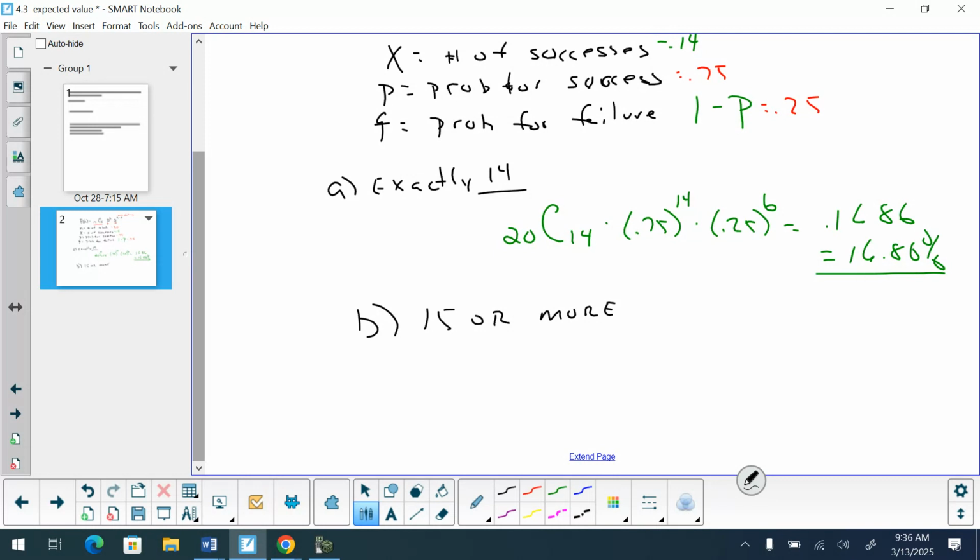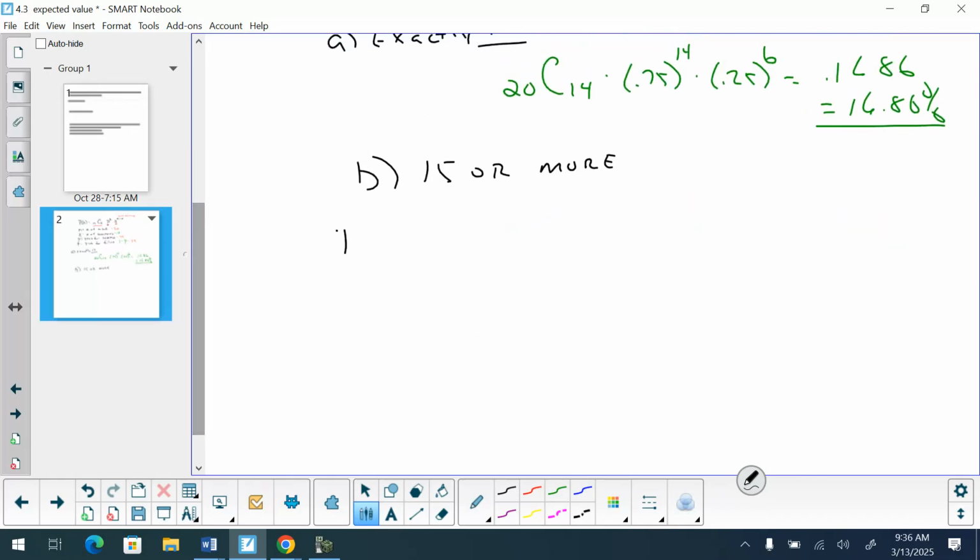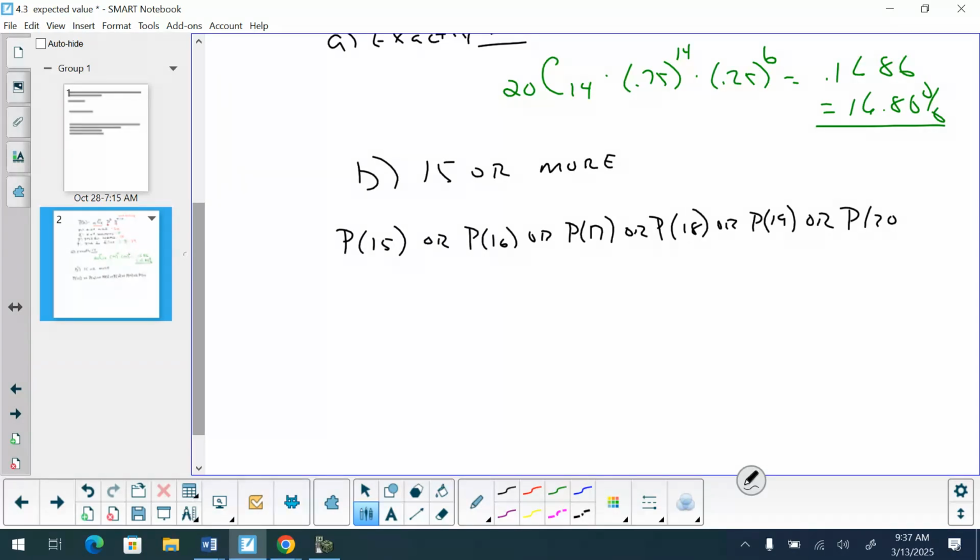Which means we are looking at the probability of 15 or probability of 16 or probability of 17 or probability of 18 or probability of 19 or probability of 20. Because all those are more than 15. 15 or more: 15, 16, 17, 18, 19, 20.